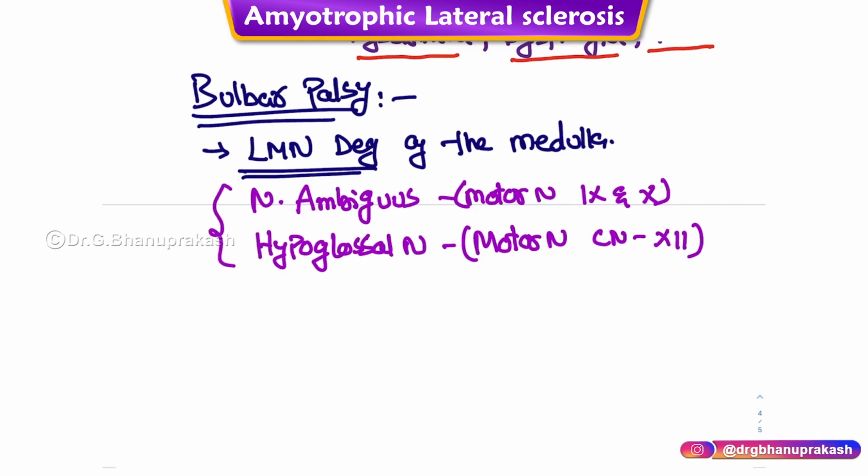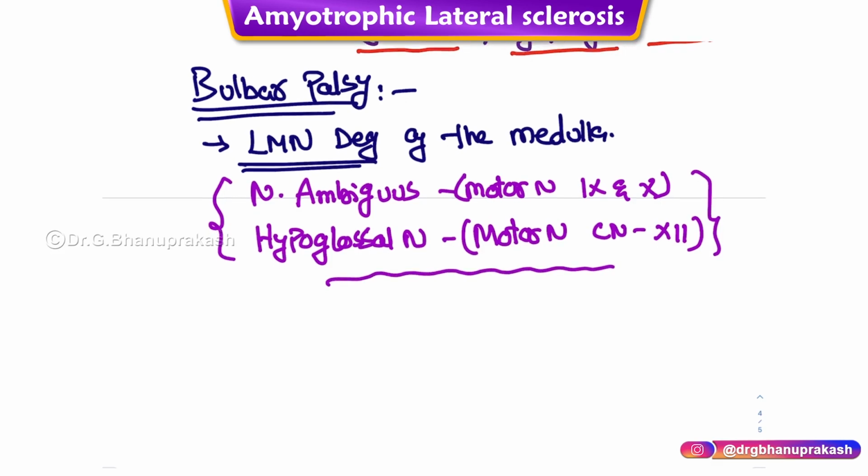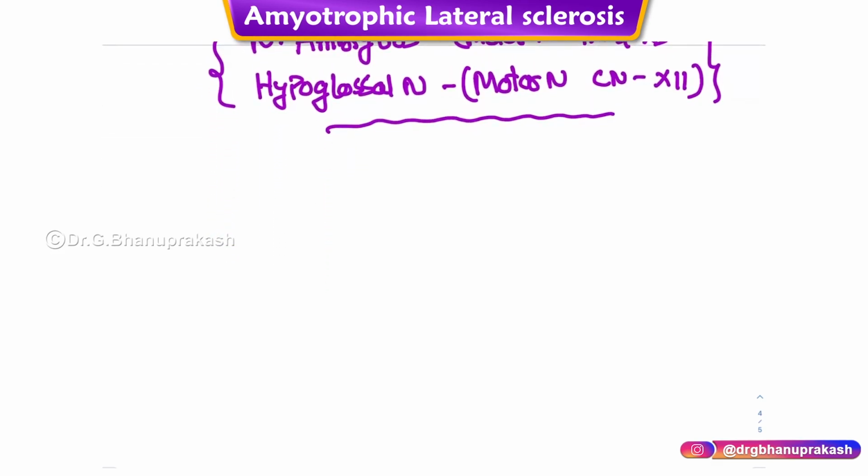So what will be the presentation, guys? The presentation will be similar to that of pseudobulbar palsy, but the patient has lower motor neuron findings, especially tongue atrophy and fasciculation.